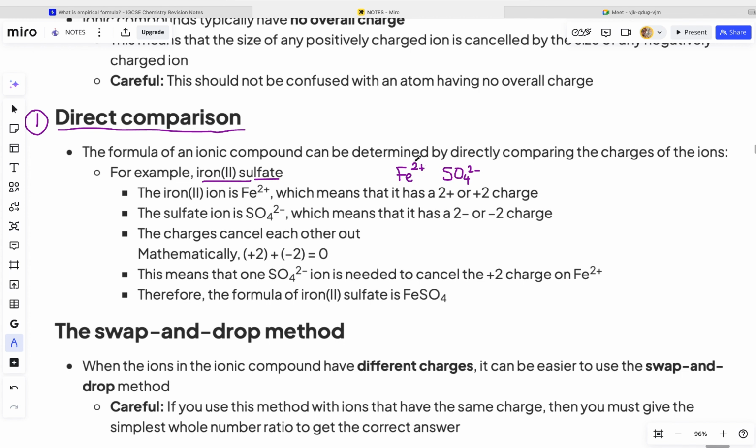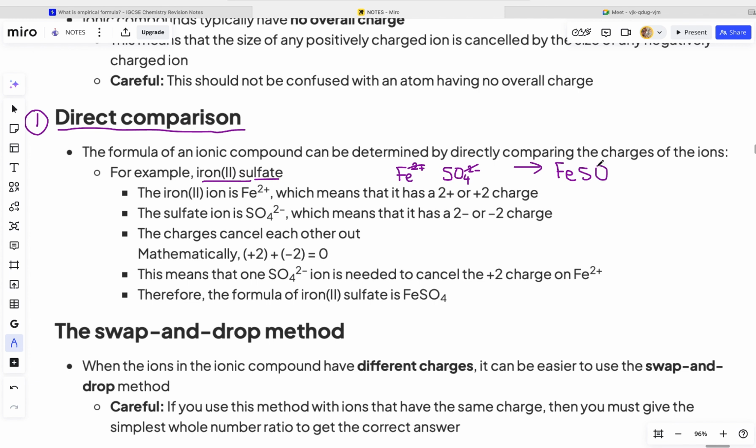Plus and minus, they are the same number and opposite sign. When you have the same number and opposite sign, then they cancel out. So these 2 plus will cancel out these 2 minus. So the formula of iron 2 sulfate simply becomes FeSO4.